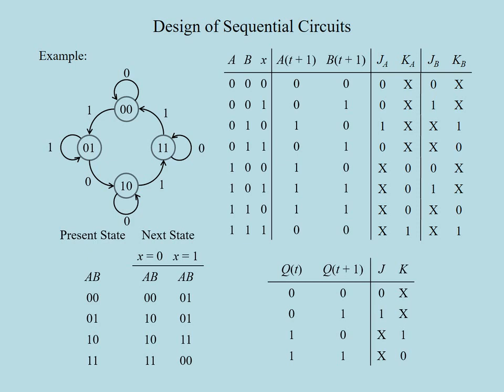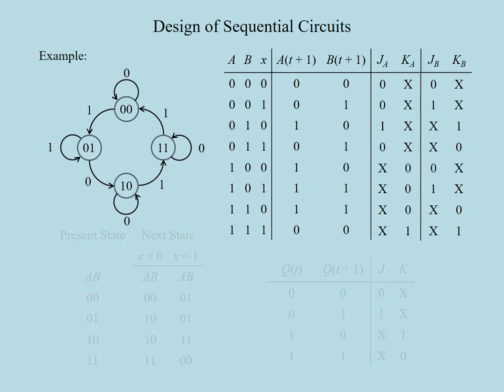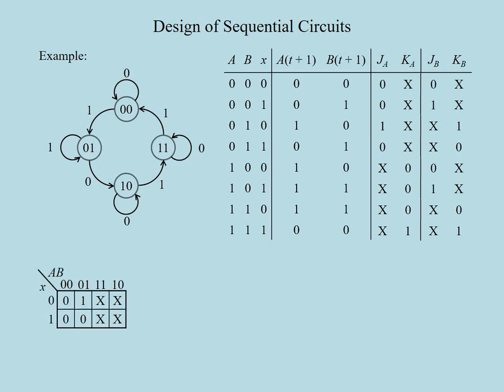We can now simplify flip-flop inputs as functions of the present states and the input. This is the Karnaugh map for JA. Note that we arrange the table so that the X literal differs between 2 rows and different combinations of A and B literals form the columns.